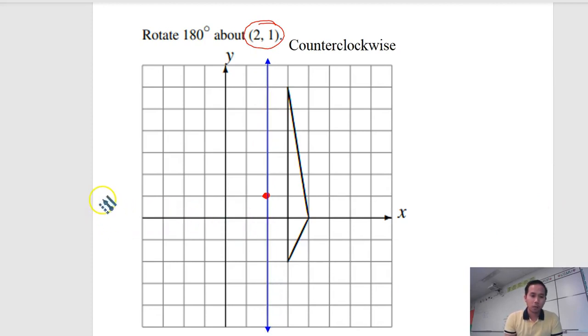You see, the point (2, 1) is now my new (0, 0). We have a new origin, which is your (2, 1). Now it will become your (0, 0), so that we can still apply your rules in this case.